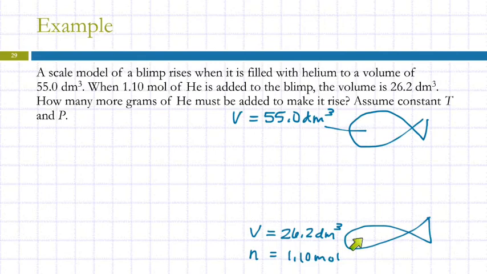So this is partially full. We need to fill it up to 55 cubic decimeters to make it float. So I have volume and amount of gas in moles. I could calculate the amount of gas in moles up here. Does that make sense? That's not what the question's asking me for, but Avogadro's law would let me calculate that.